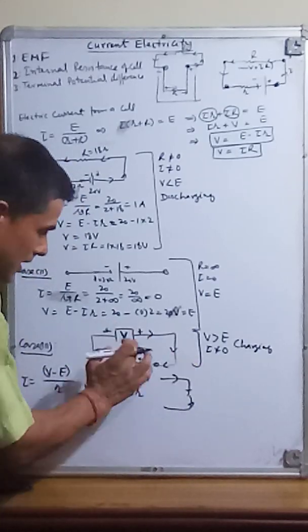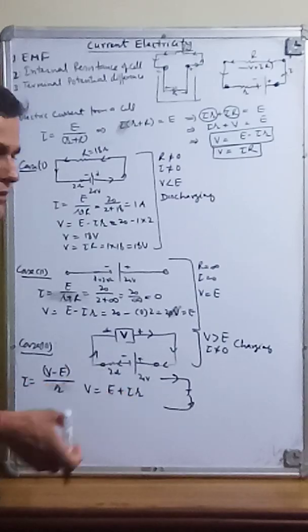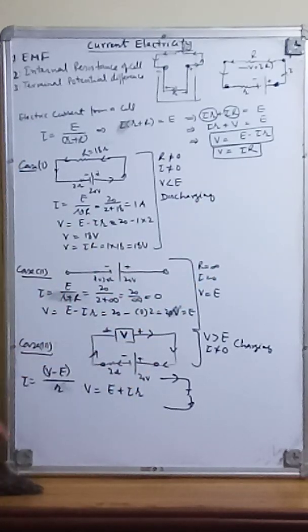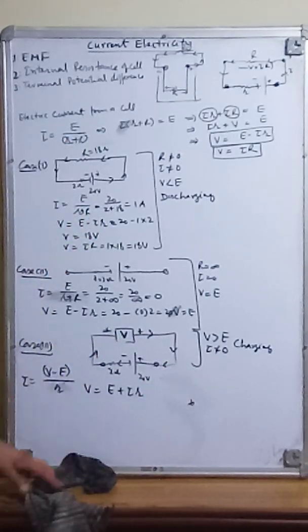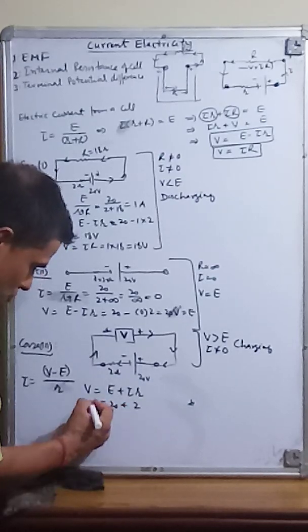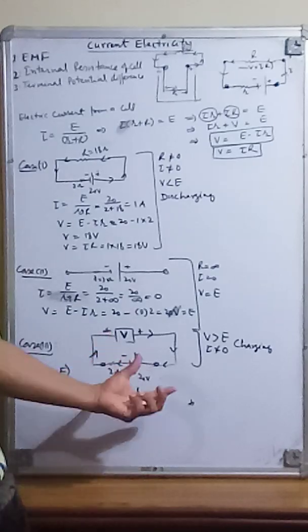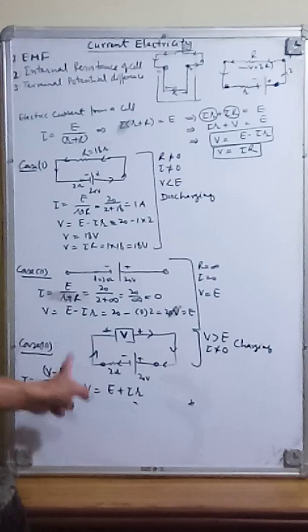It is not possible that current is flowing in both directions, just as water flowing in the same pipe cannot flow in both directions. Current will only flow in one direction, and here V will be greater. Suppose it is 20 volt and 2, so it is 22 volt. So this is charging. What is the main thing about charging? Current goes inside the cell, through the positive terminal.